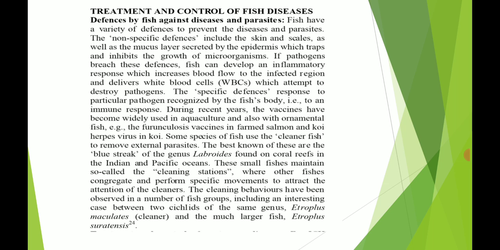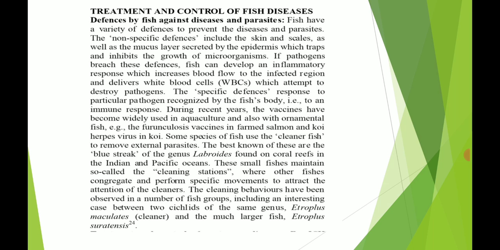Some species of fish use cleaner fish to remove external parasites. The best known of these are the bluestreak cleaner wrasse of the genus Labroides, found on the coral reefs in the Indian and Pacific Oceans. The small fishes maintain so-called cleaning stations where other fishes congregate and perform specific movements to attract the attention of the cleaners.